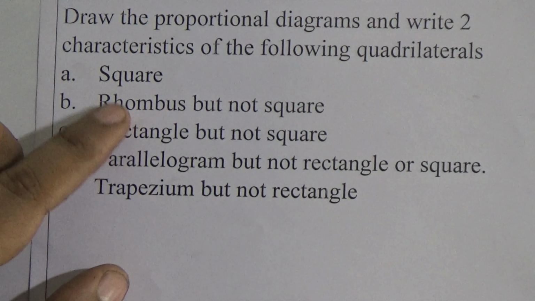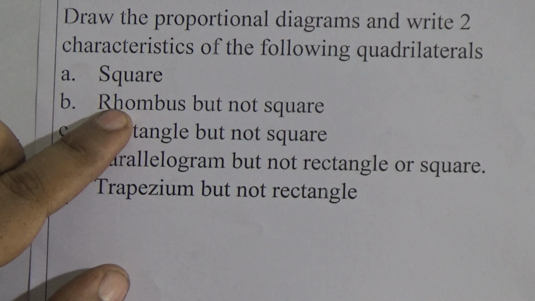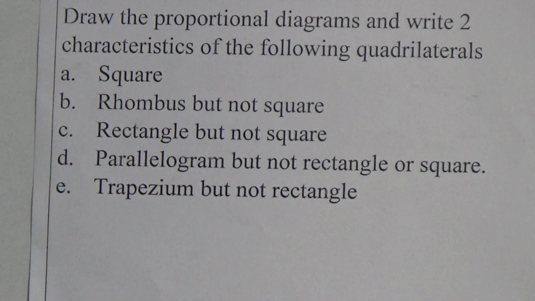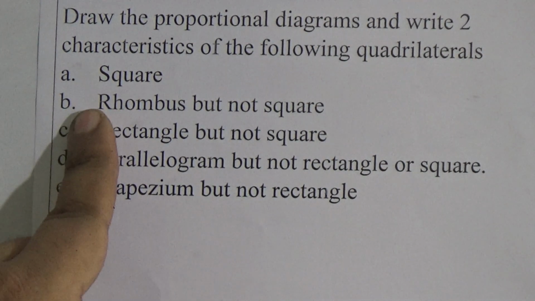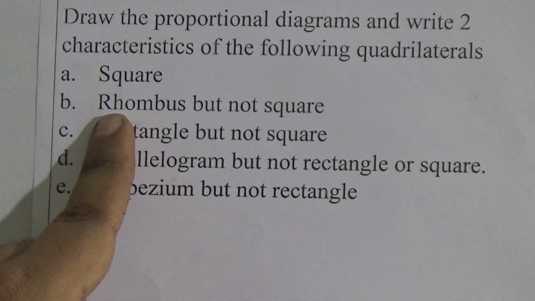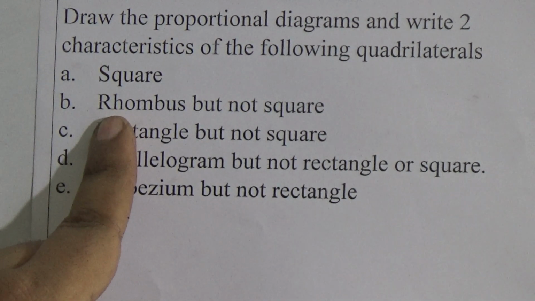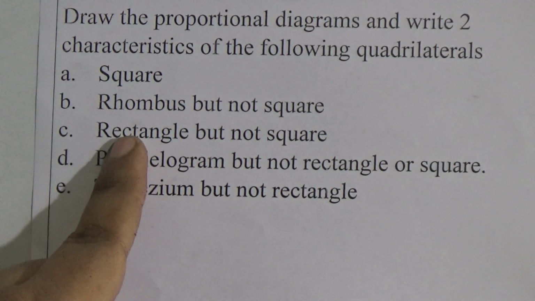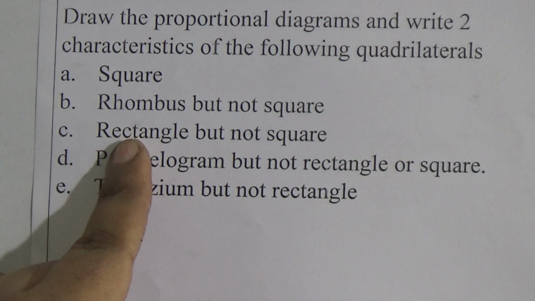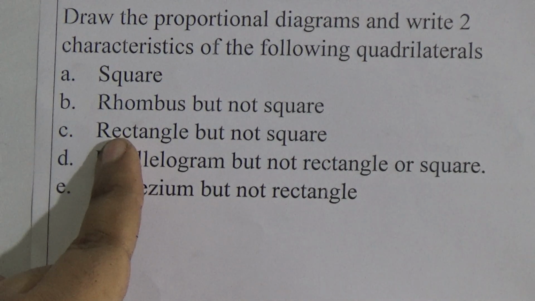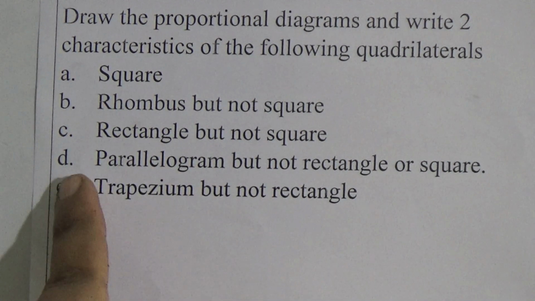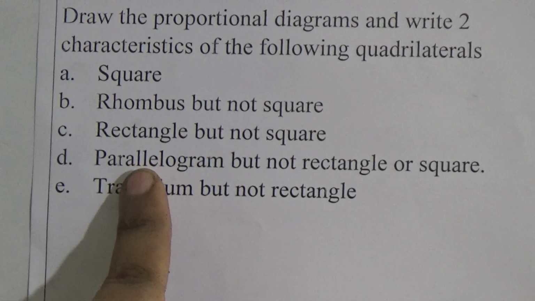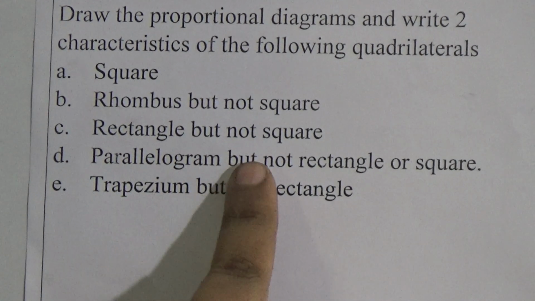Same as rhombus. Characteristics of rhombus is it has 4 equal sides, but no angle is a right angle. It has 2 diagonals which bisect each other. Then rectangle, its opposite sides are equal and parallel. All angles make 360 degree. Just like D number, similar to C, opposite sides are equal and parallel.